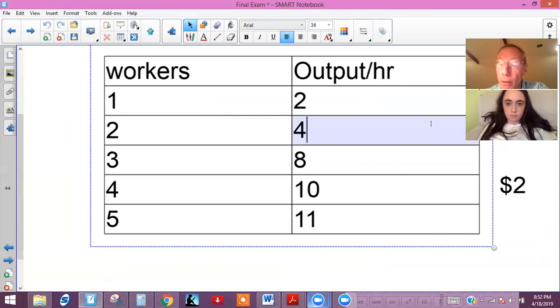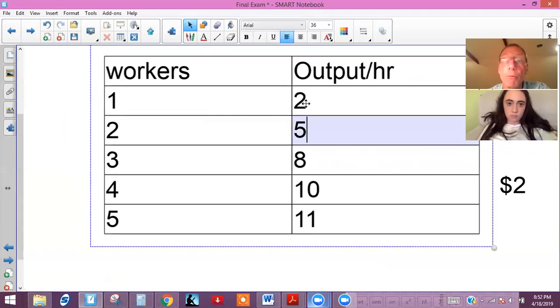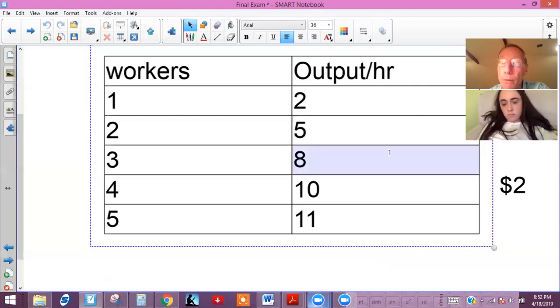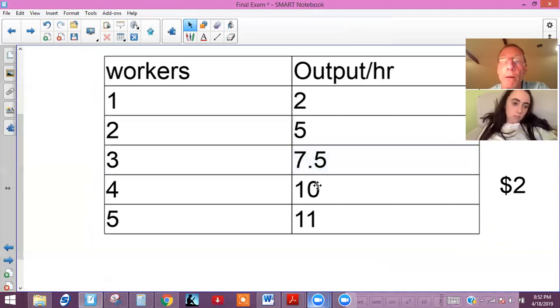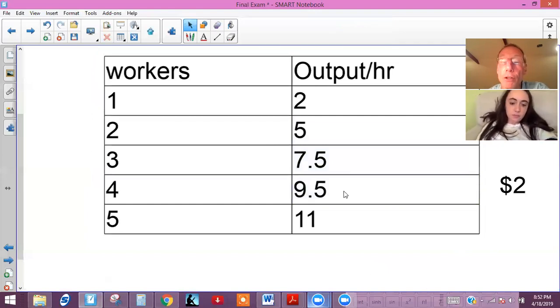It'd be bigger, and it would gradually come down. So this would be a marginal product of 3. This would be a marginal product of like 2.5, and then this would be a marginal product of 2, which would be 9.5, right? So that's where we'd stop, and then this would be a marginal product of less.